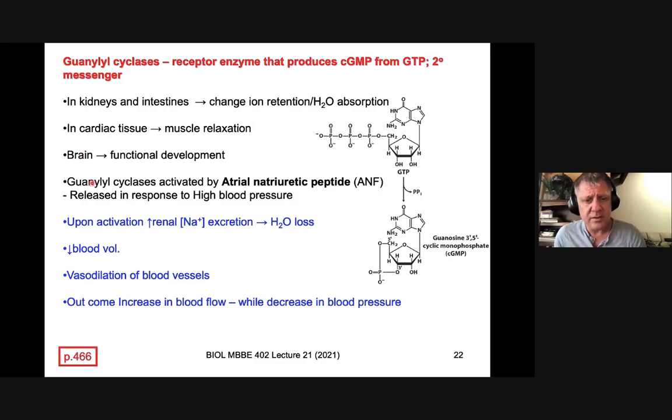Now, the guanylyl cyclases are activated in this case by an atrial natriuretic peptide. And this is basically in response to what we see in high blood pressure. As I said to you before, there's a very interesting component in regards to muscle relaxation and basically causing this situation to be expressed when we see an increase in blood pressure.